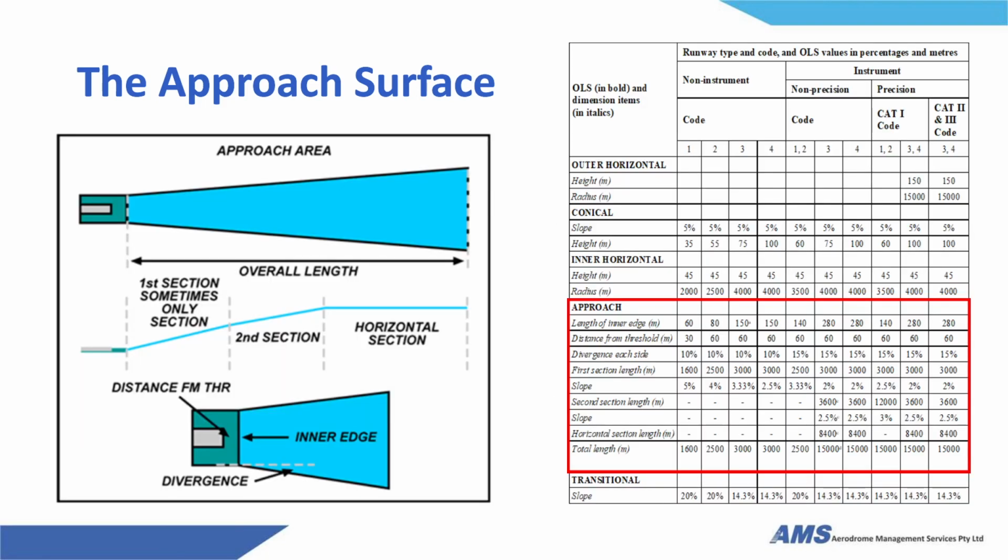Here we have a diagram, an overview of the approach surface, the overall length. We've got a cross section which will identify the first section, the second section, and the horizontal section of our approach surface. Now, if we're going to calculate our approach surface, we have to identify what type of runway we have.